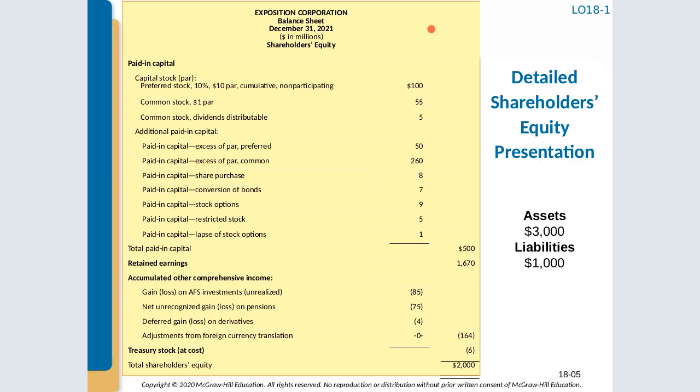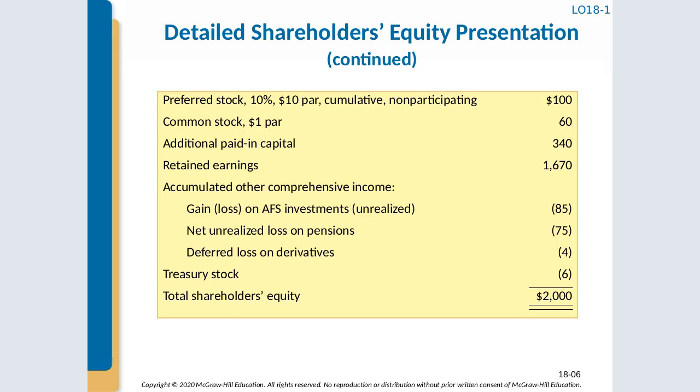So here we have the shareholders' equity of Exposition Corporation. I don't think you'll find, even in a publicly traded company, this many paid-in capital accounts in a real-life corporation. But I guess I'm just putting all situations out there. But pretty much this will be the shareholders' equity. So like we said, it can become pretty complex.